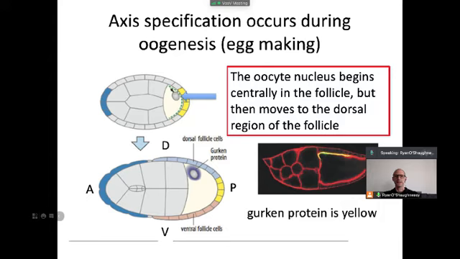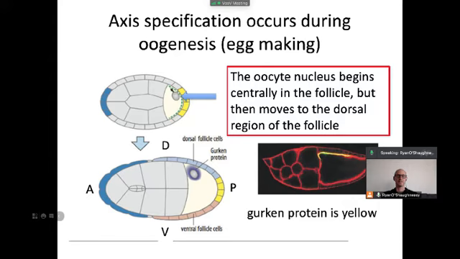So just a little bit about how this works. We have our Gurken protein in yellow, and we have an oocyte nucleus that begins centrally in the follicle, but then moves to the dorsal region of the follicle, and this is where the Gurken RNA has been deposited.